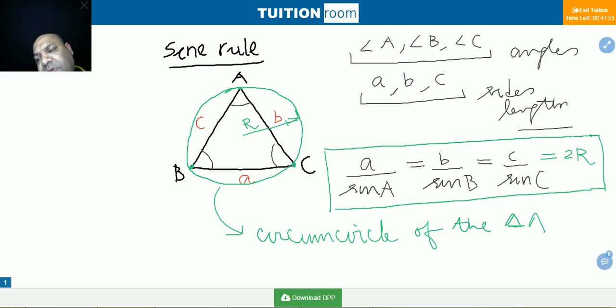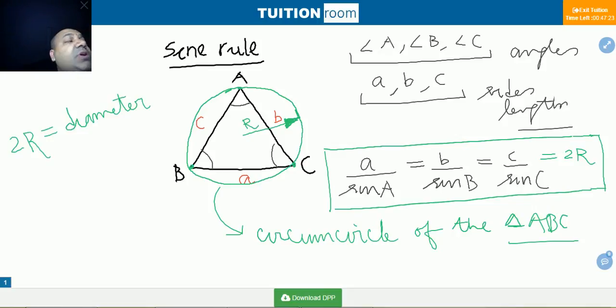The circle passing through the vertices of the triangle is termed the circumcircle of the triangle, and its radius is always represented by the symbol capital R. Capital R is the radius of the circumcircle and 2R is the diameter of the circumcircle, since diameter is always twice the radius.